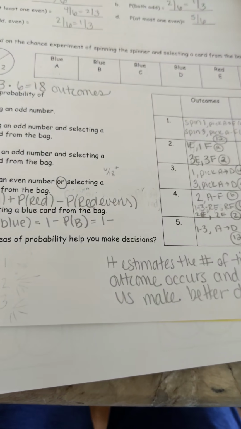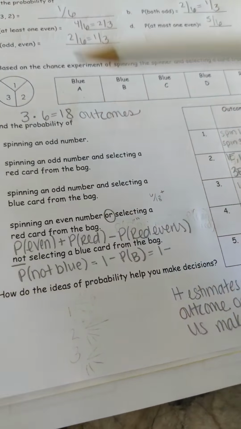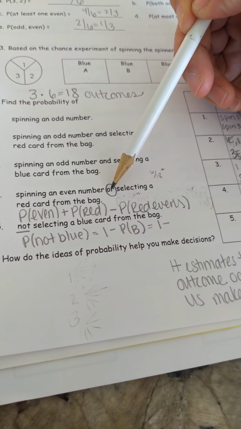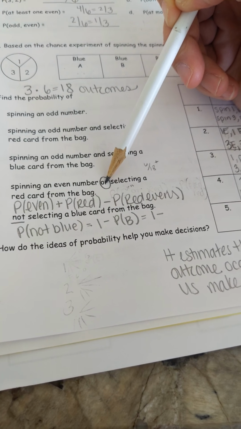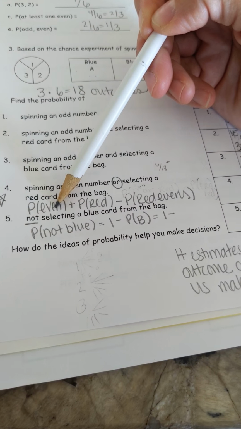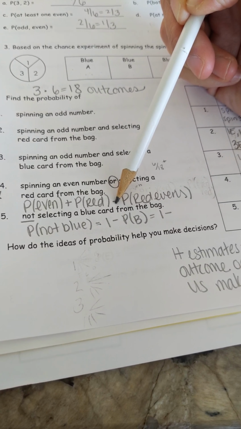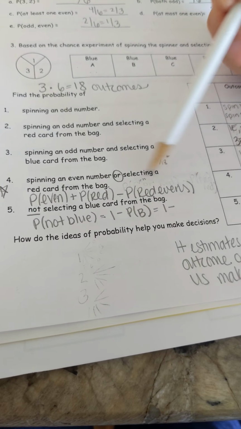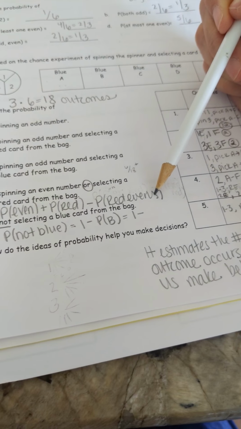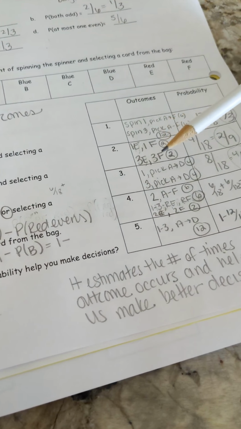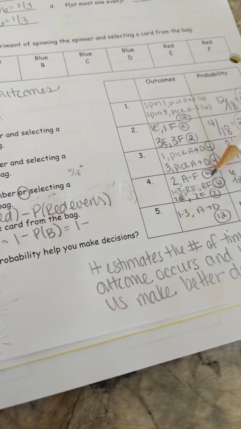Alrighty. Getting down to this one, I'm going to use the definition of the probability of A or B here. It says spinning an even or selecting a red card from the bag. So what's the probability of spinning an even plus the probability of picking a red card, subtract the probability of the red evens, right? So we don't want to overlap or count those more than once. So the probability of getting an even is spinning a 2 and picking cards A through F. So there's 6 there.